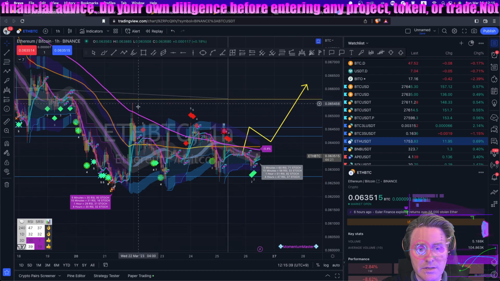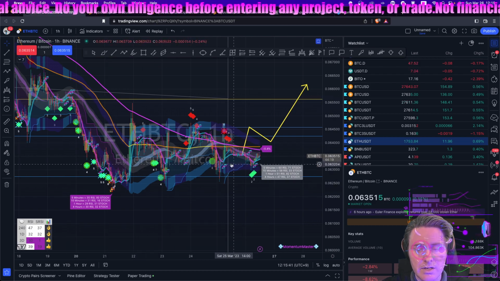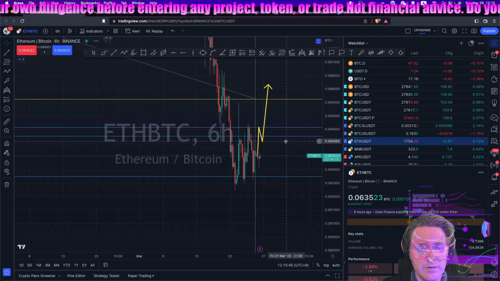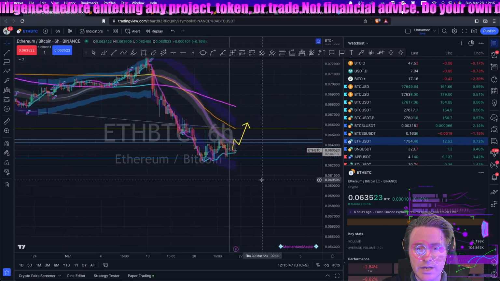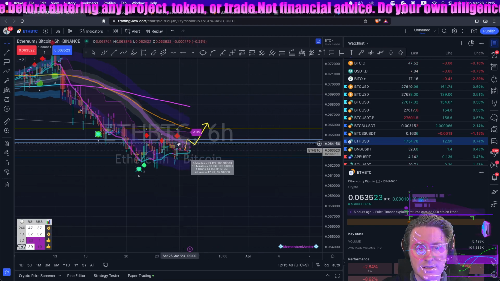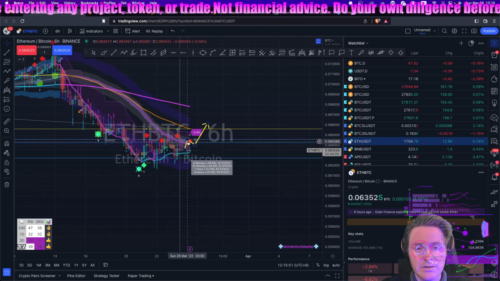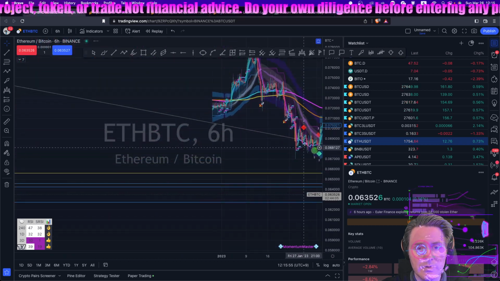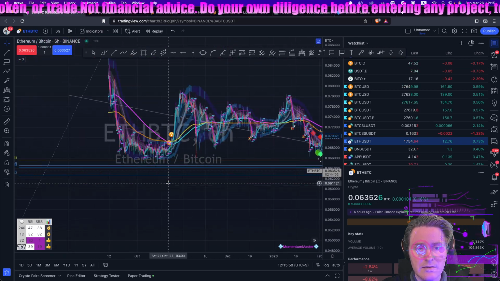We had a rocket ship that took off here, and we were talking about reclaiming some levels using some fib pocket regions, and we said we had to reclaim this cloud on the 6 hour, which is thinning. So if it can come above this and reclaim it, then it would be good for that trade in ETH BTC.